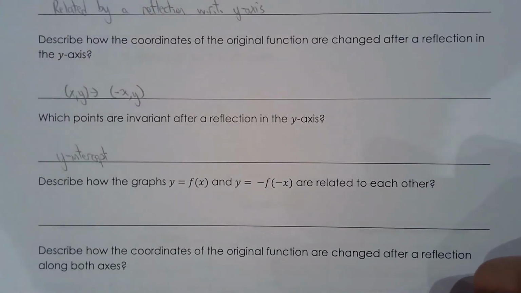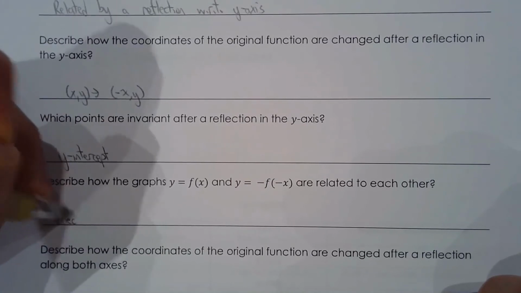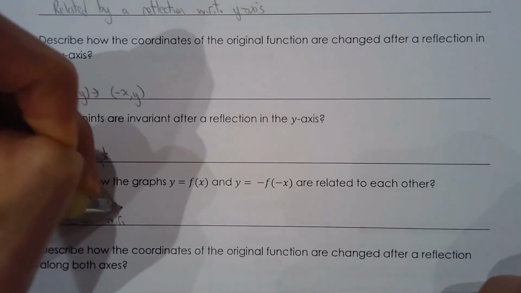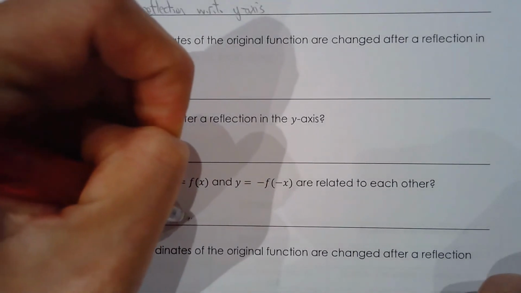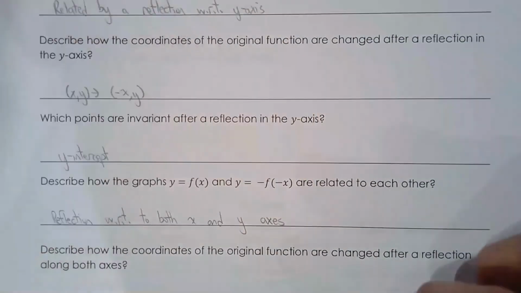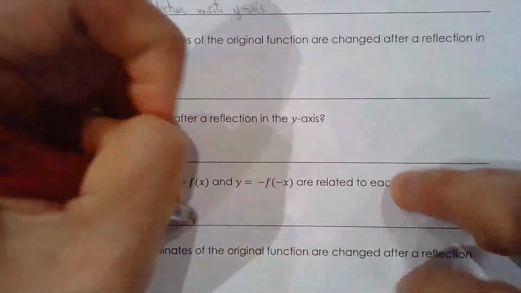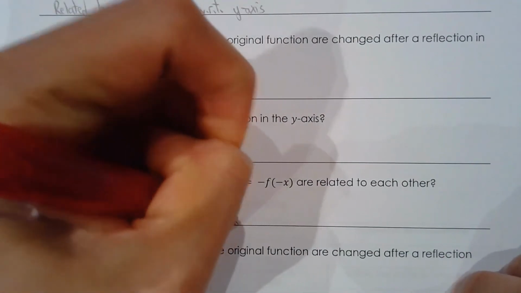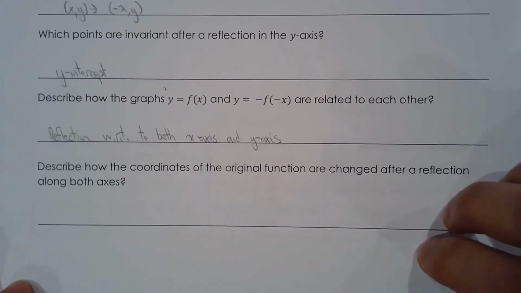Okay, so negative f of negative x. So we're reflecting with respect to both axes, both the x-axis and the y-axis.